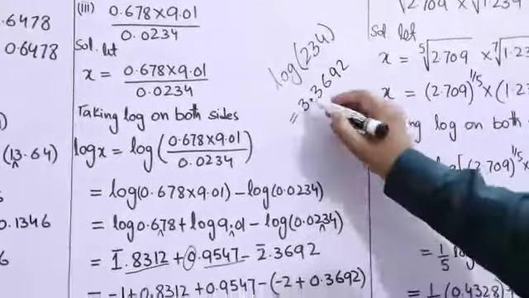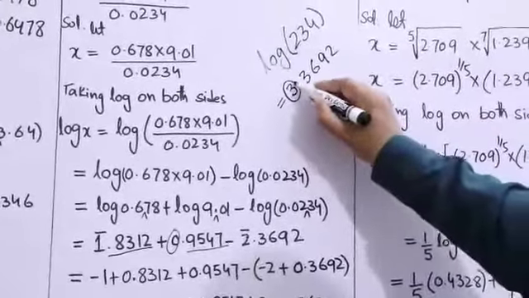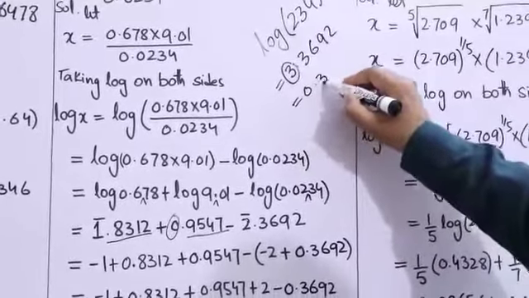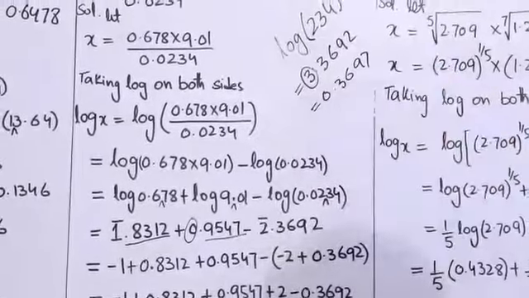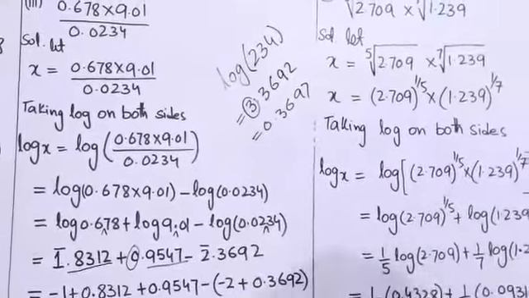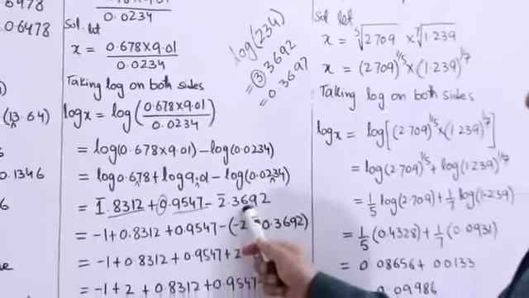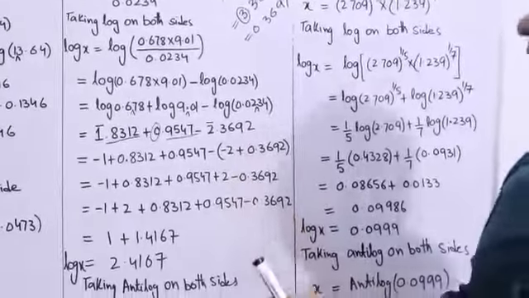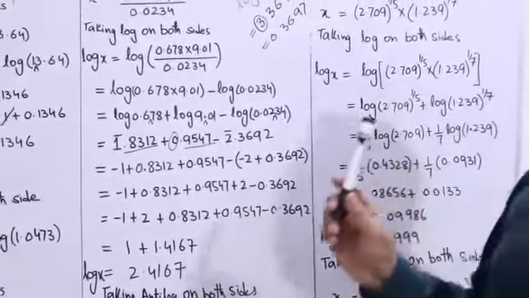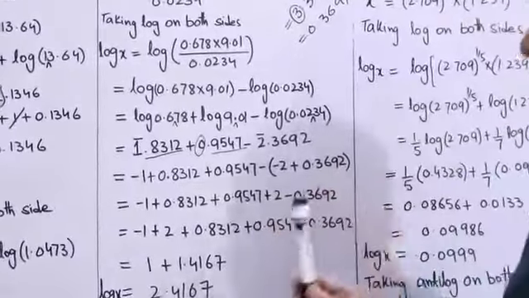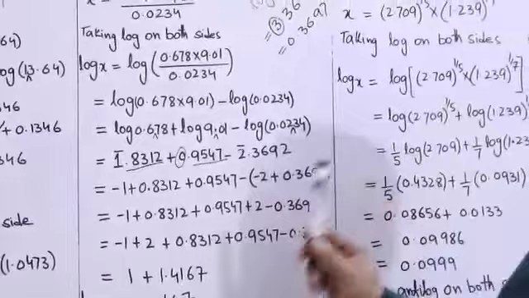So we skip the integral part and use only the decimal part, so -2.3692.